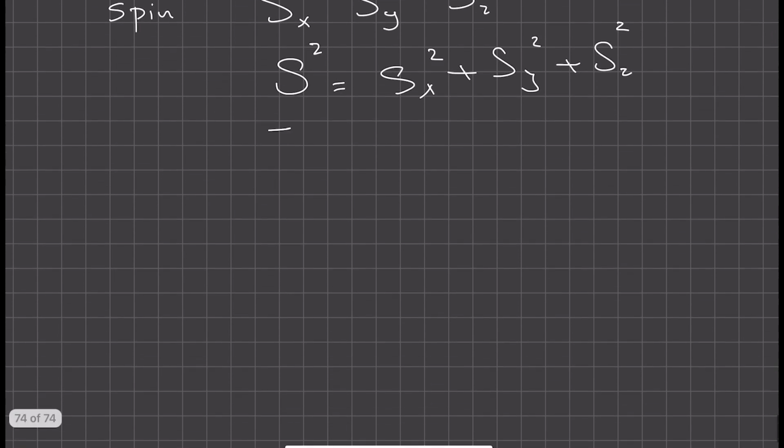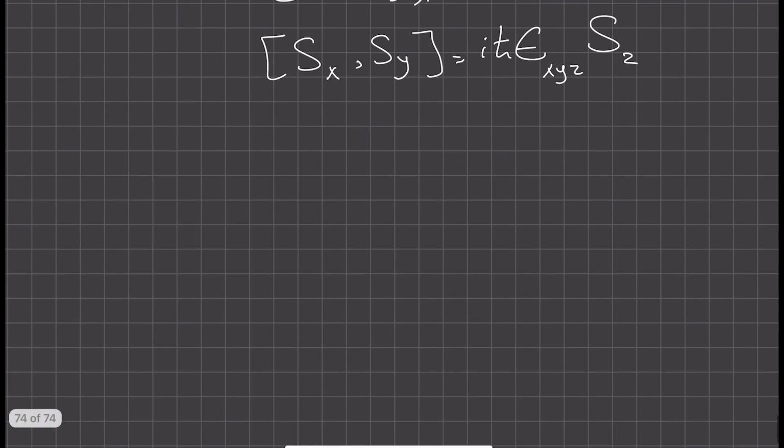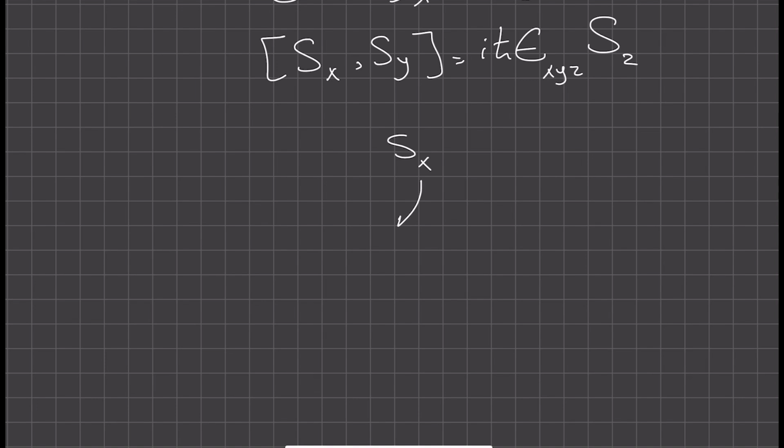And the algebra between Sx and Sy is something like i h bar times the Levi-Civita symbol of x, y, and z, times Sz. It's basically just to rotate Sx to Sy to Sz and back again to Sx. And if we go clockwise and counterclockwise, this symbol is just taking care of the +1 or -1 cases.